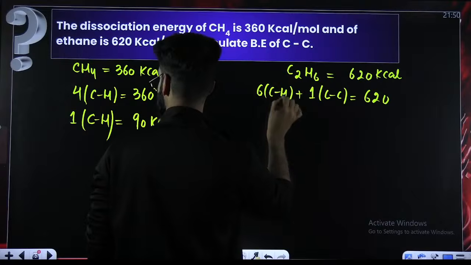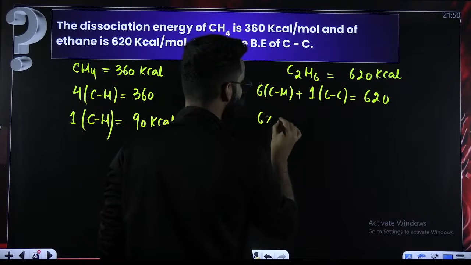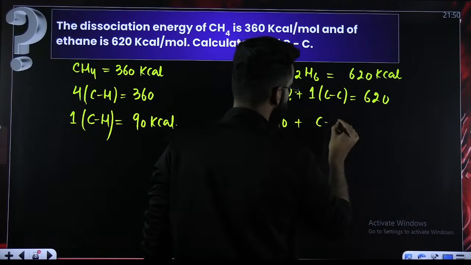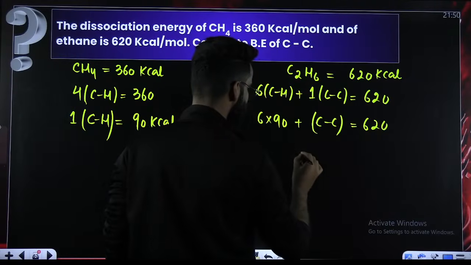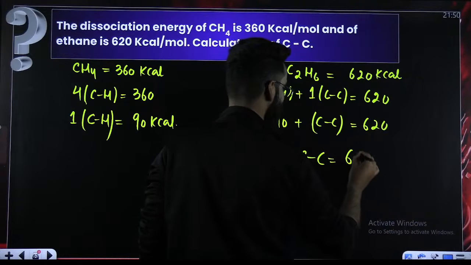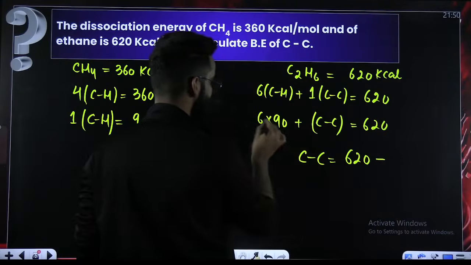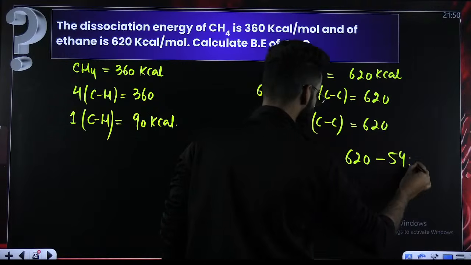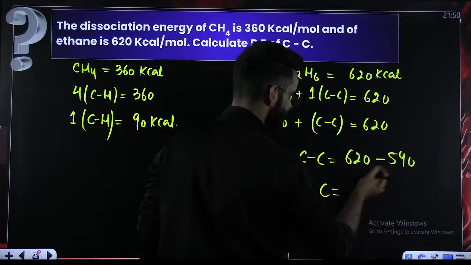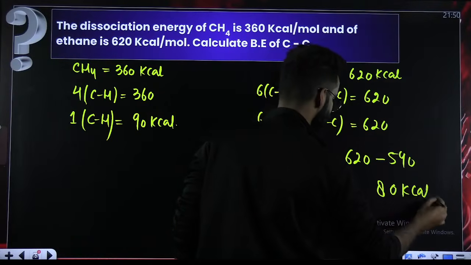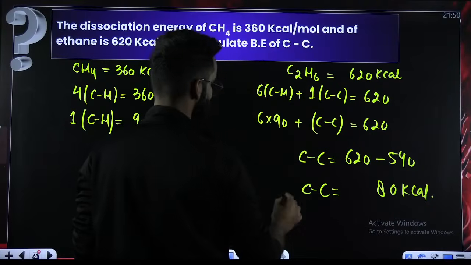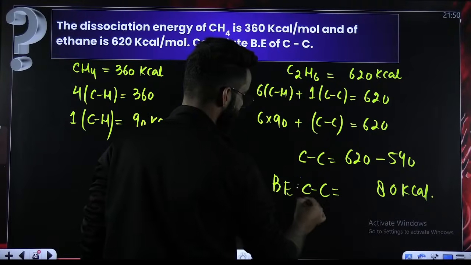The C-H bond is 90. So 6 multiplied by 90 plus the C-C bond is equal to 620. The energy needed to break the C-C bond will be 620 minus 540, which is 80 kilocalories per mole. That's what I was supposed to calculate, so this is the bond energy of your C-C.